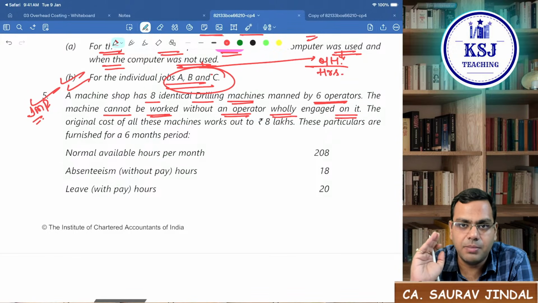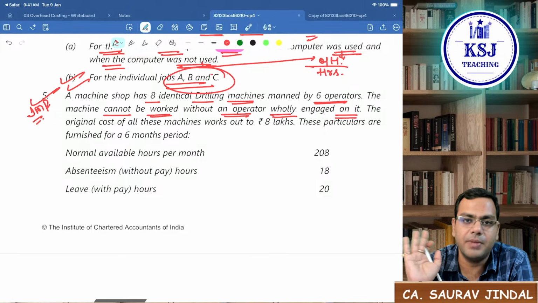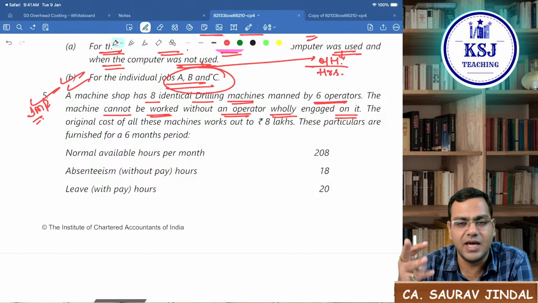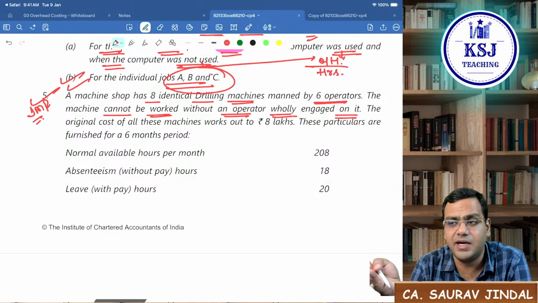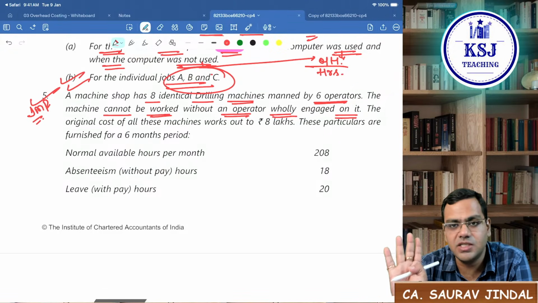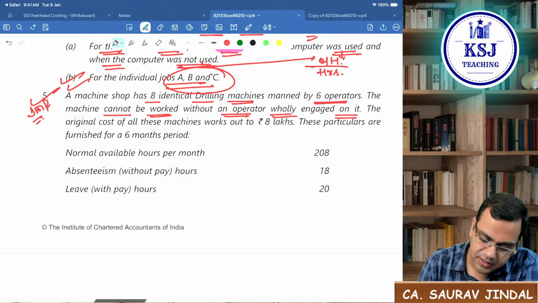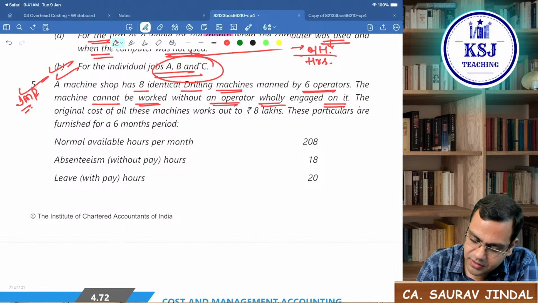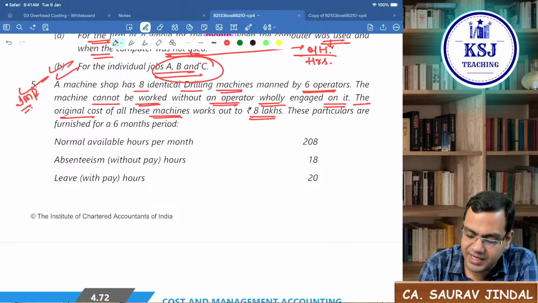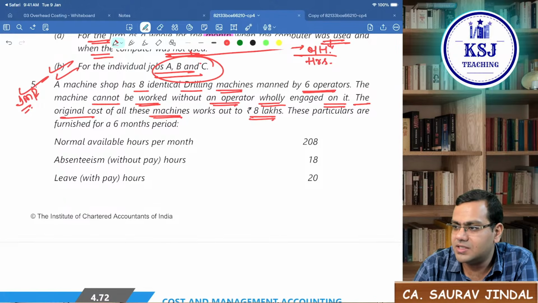Because there are 6 operators and a machine cannot work without an operator. So at some time machines 1 and 2 will be at rest, at another point machines 3 and 4 will be at rest, but 6 machines will be working. The original cost of all these machines works out to rupees 8 lakhs, so this is the total cost of all the machines.